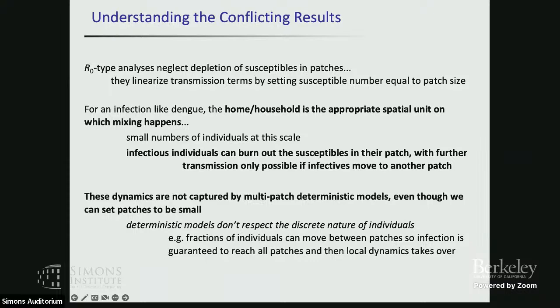You assume a fully susceptible population, so it's basically linearizing transmission. Essentially, you always set the number of susceptibles equal to the patch size. And the point is, for dengue, when we're thinking about transmission on the scale of the city, there's an appropriate spatial scale. The house is the appropriate spatial scale on which mixing happens. So the house is the natural scale at which to model things.